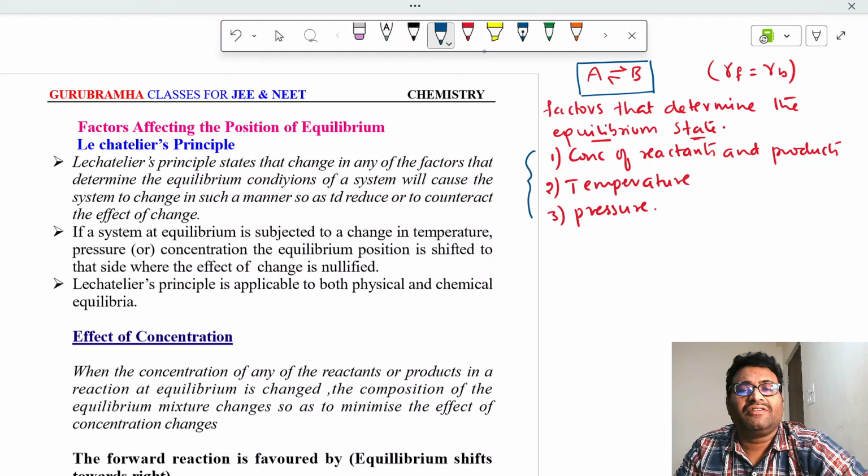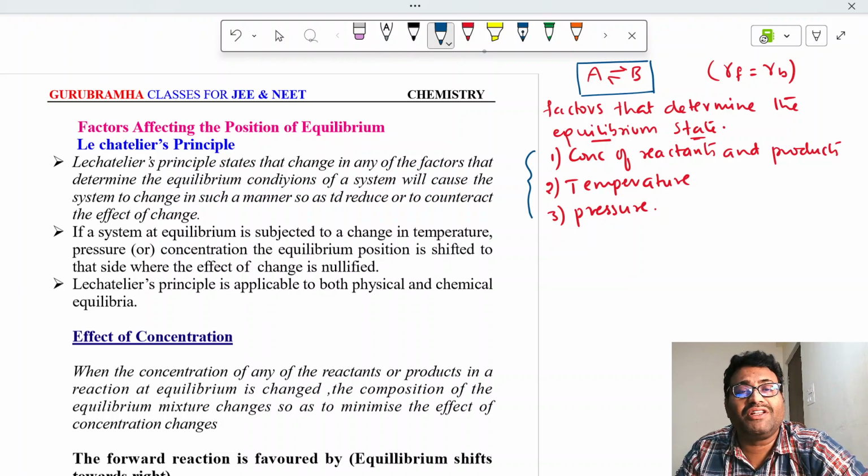Now, when you are disturbing this equilibrium state, the tendency of a reversible reaction is to attain equilibrium again. It will behave or respond in such a way that it again acquires equilibrium. So what you are doing is you are disturbing the equilibrium.